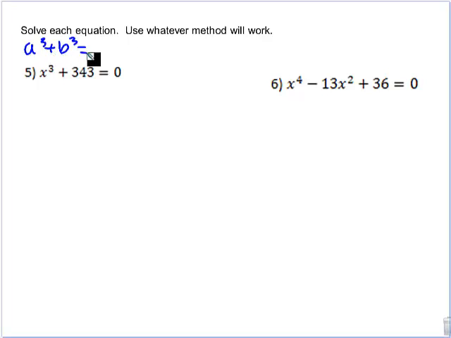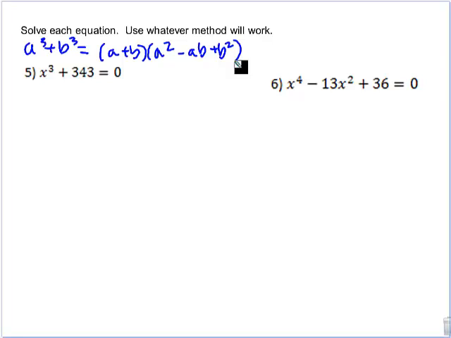If we have a cubed plus b cubed, which is what we have, it factors to a plus b times a squared minus ab plus b squared. We did that. I'm sure you don't remember the formula because I gave you the formula, but hopefully you remember using it.